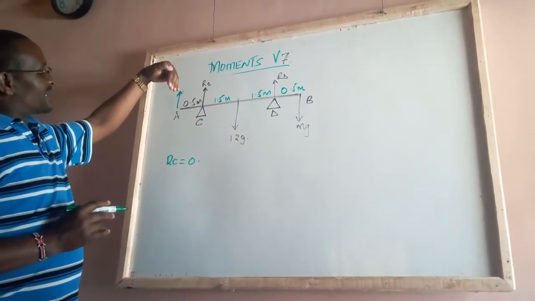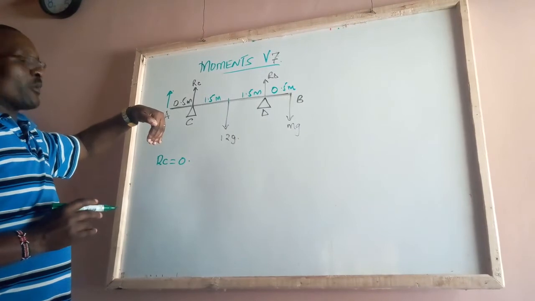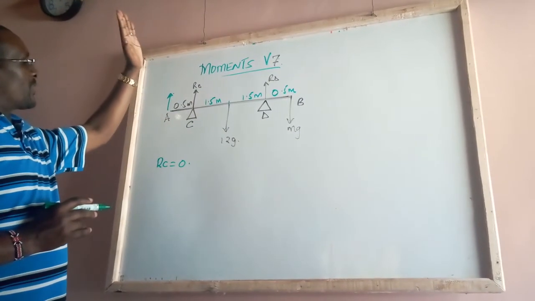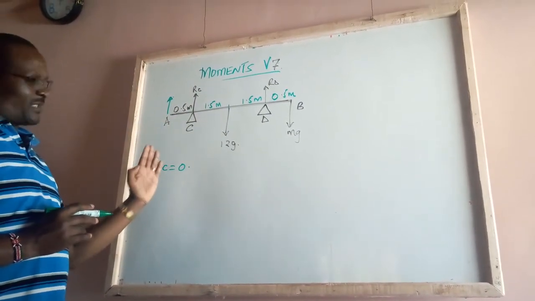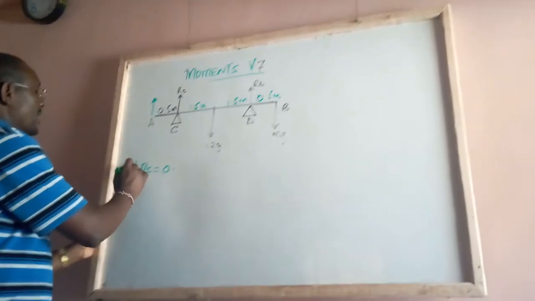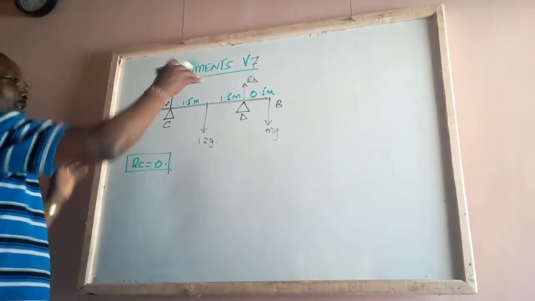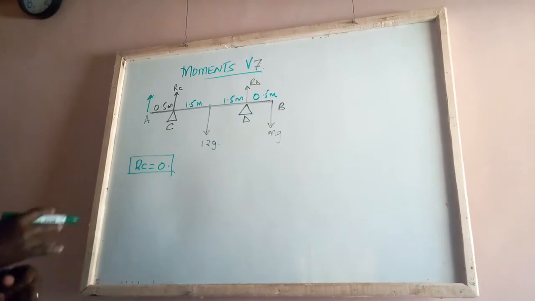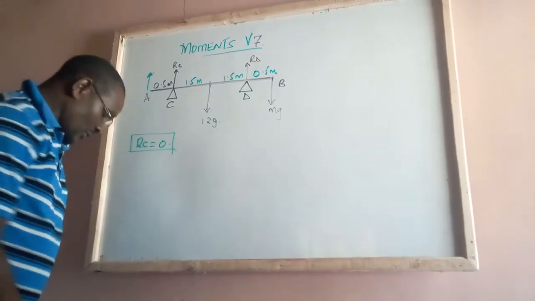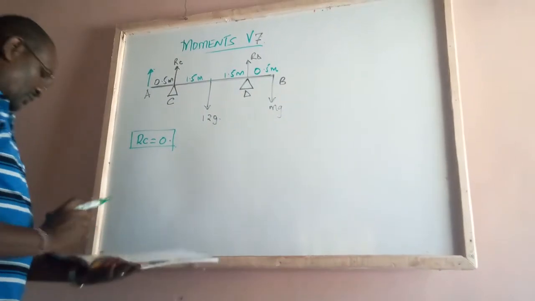It doesn't exert any force downwards, and likewise point C does not exert any force upwards. So we must always remember in this situation that RC, the reaction at C, is always going to be equal to 0.